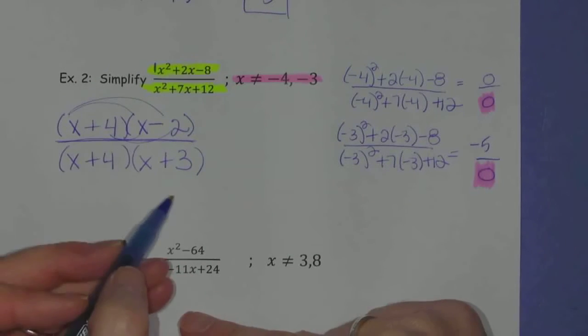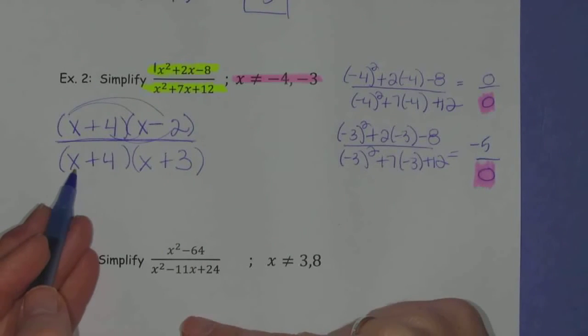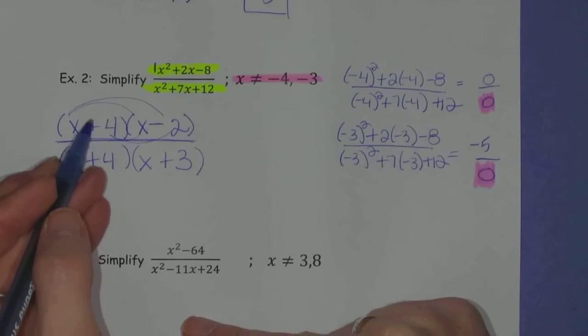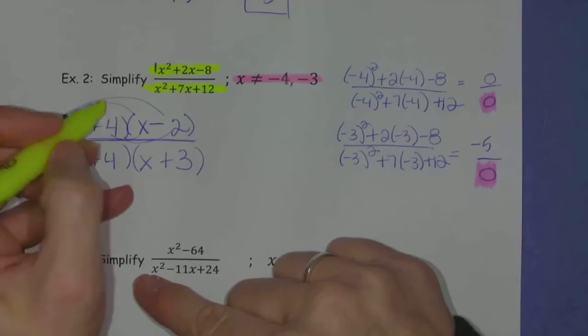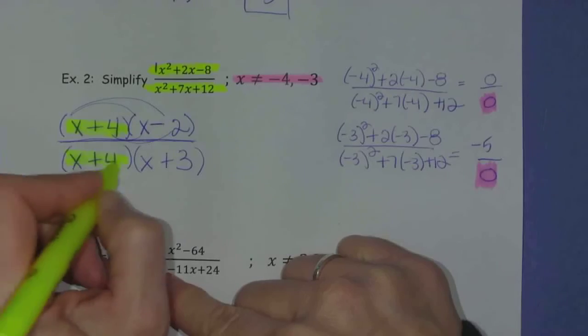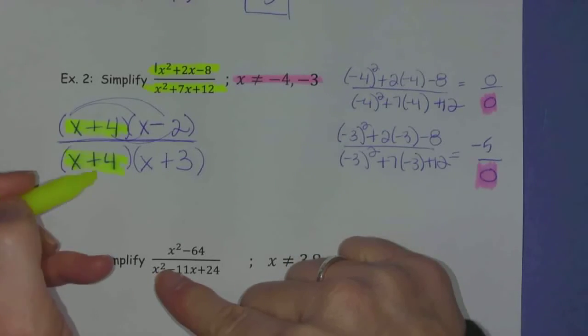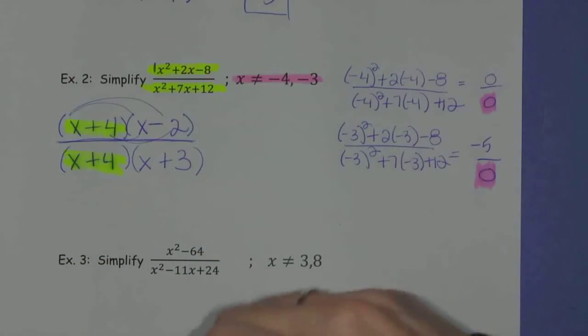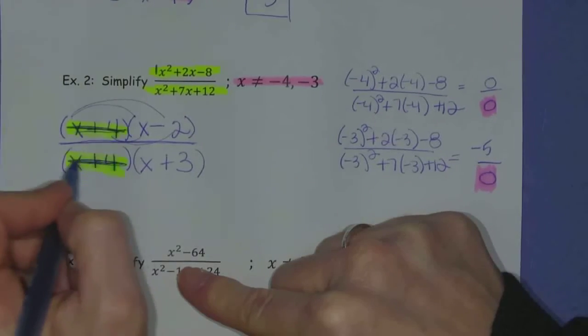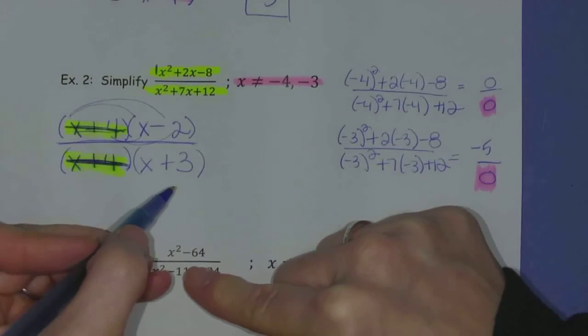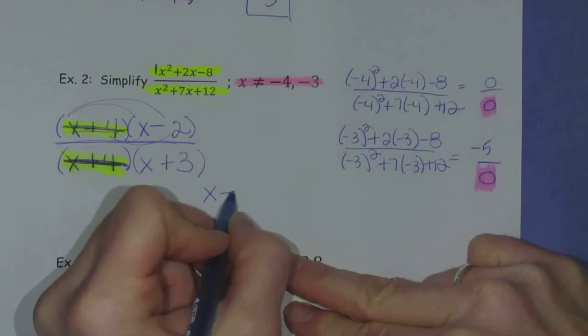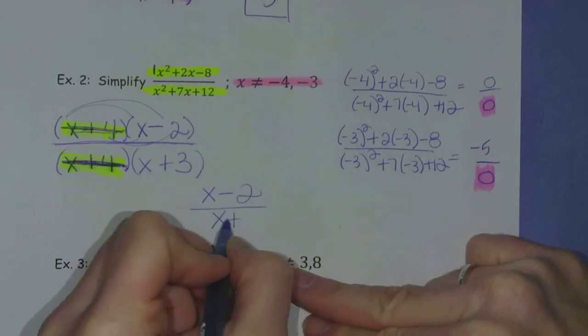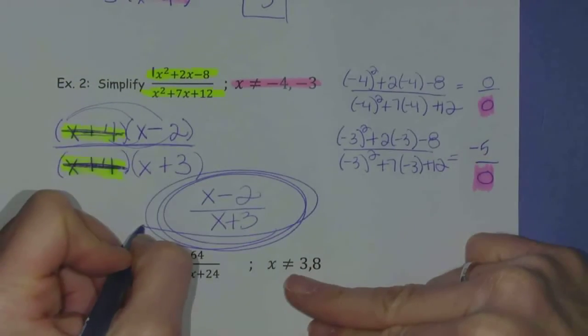Now looking top to bottom, do you see anything that's exactly the same? See how they both have a quantity x plus 4? Since these are exactly the same, top to bottom, you may cancel them out. Your final answer, x minus 2 divided by x plus 3.